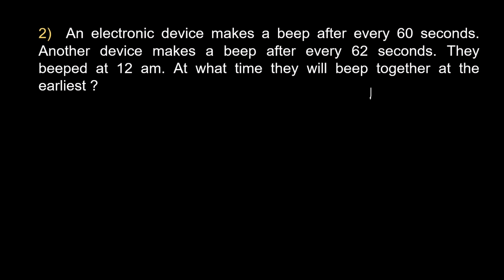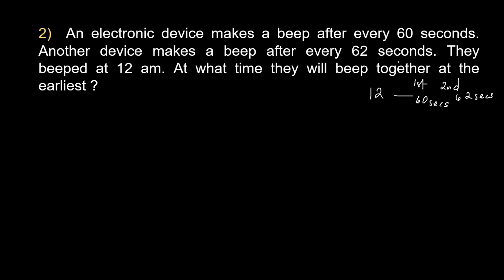So if they start to beep at 12 am, the first electronic device will beep after 60 seconds, and the second device will beep at 62 seconds. So like this they will keep on beeping at different times.